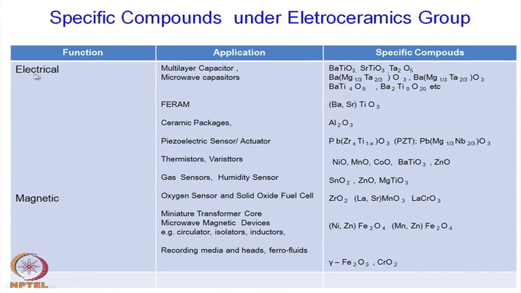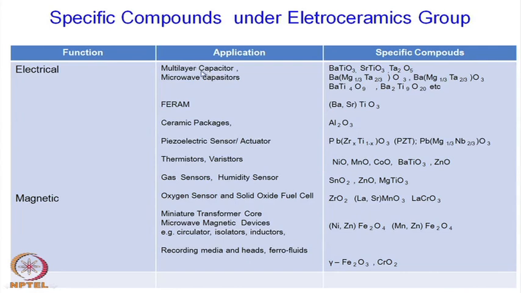If you are talking about electrical properties, one application area is multilayer capacitors or microwave capacitors. As we have discussed, most of the oxides are insulators, but every oxide or every compound cannot be used as a multilayer capacitor or a microwave capacitor. They need certain specific properties.